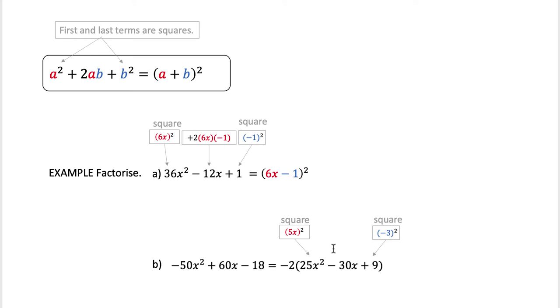Then check whether the middle term is 2 times our a times b, so whether this is 2 times 5x times negative 3. Well, 2 times 5 is 10, times negative 3 is negative 30, and times x, so this makes that. So our a is 5x and our b is negative 3. So we can write this as 5x plus minus 3 squared.